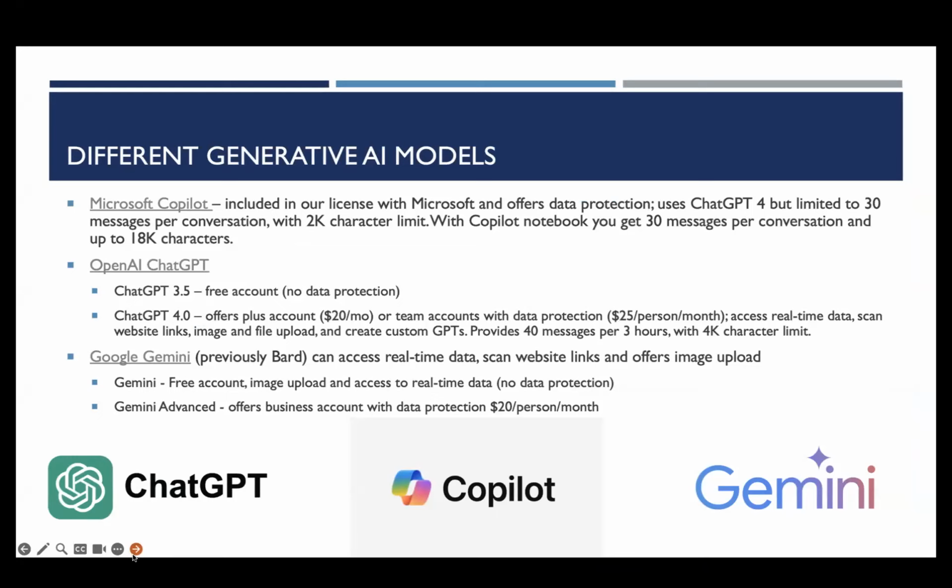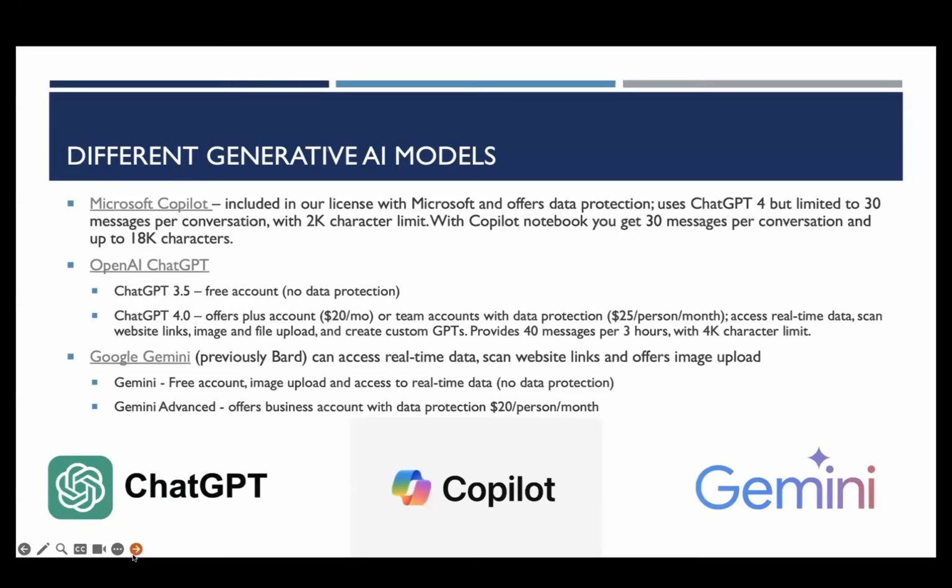So this is very important. It does use ChatGPT-4, but it is limited to 30 messages per conversation with a 2,000 character limit. There's also a feature in Microsoft Copilot called Notebook, where you get 30 messages per conversation as well, but it gives you up to 18,000 characters. So it's a little bit more, but there are limitations to the model.